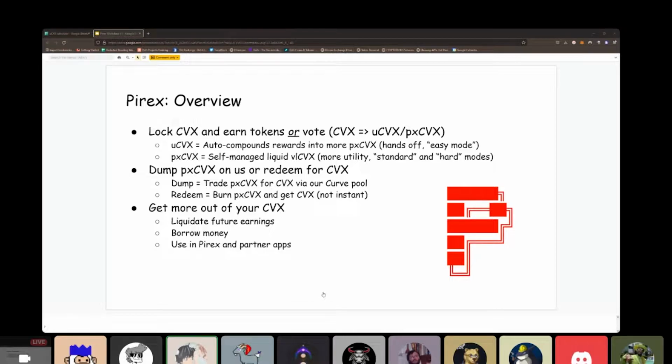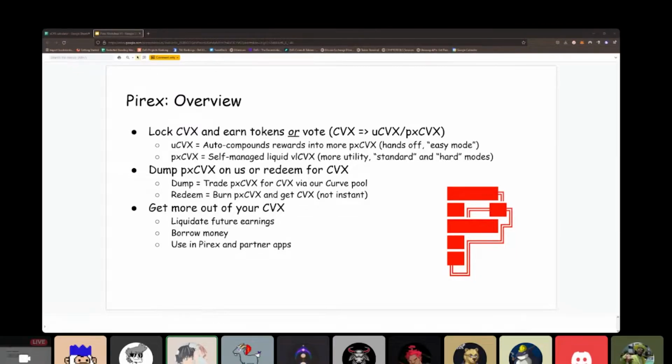One of the things we try to do with Pyrex is provide different solutions for different types of users, and think about what they would need in order to participate in DeFi.